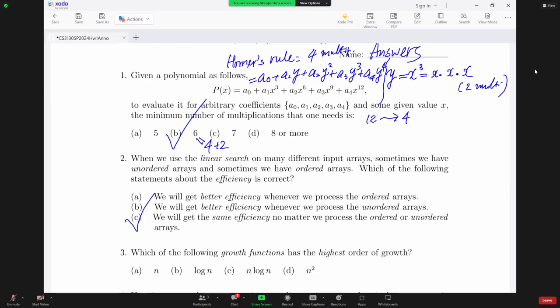Option A says we will get a better efficiency whenever we process an ordered array. Option B says we will get a better efficiency with unordered arrays.